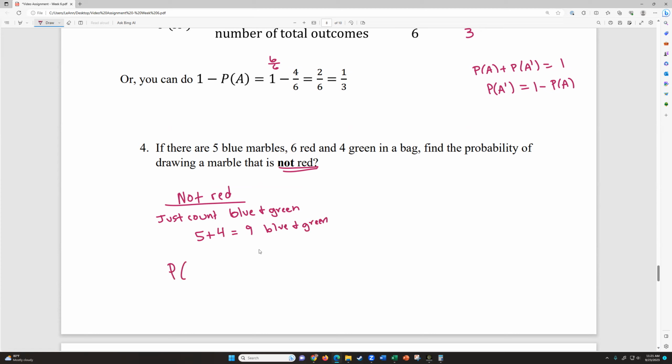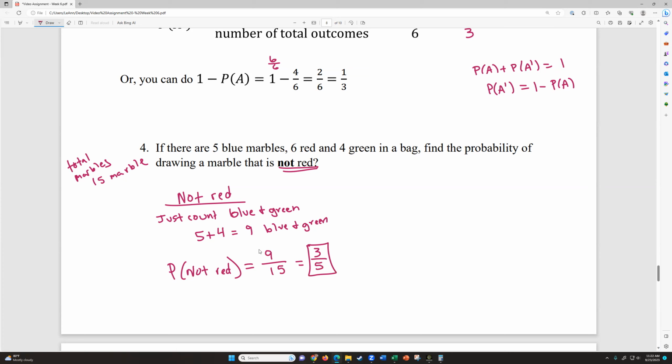So the probability of not red, just counting directly, would be 9 blue and green out of, we need to know our total marbles because we need that for the denominator. That would be 5 plus 6 plus 4, there's 15 marbles. So 9 out of 15, which reduces to, let's see, divide those both by 3, that'd be 3/5. Okay, so that's the correct answer.